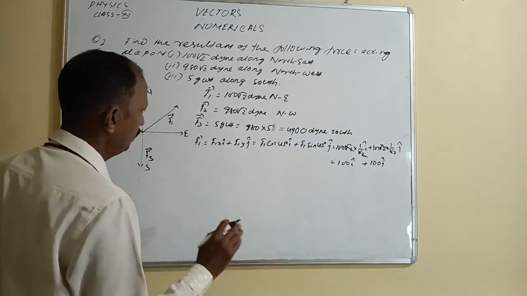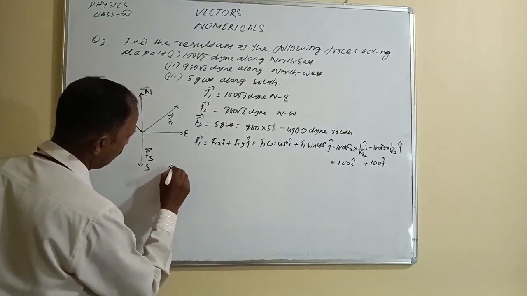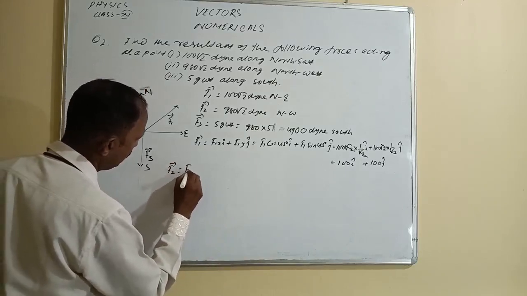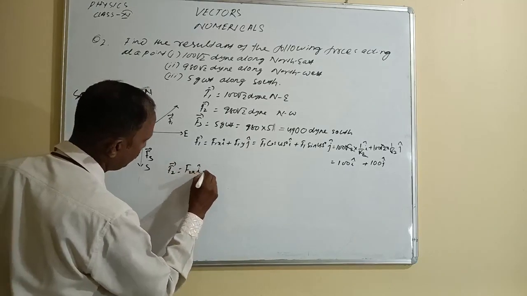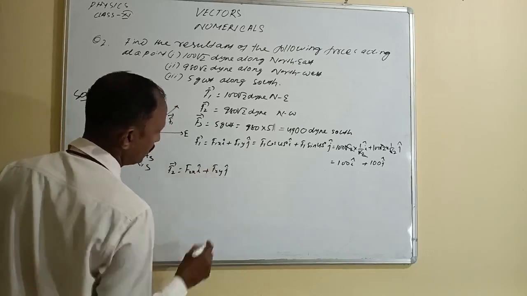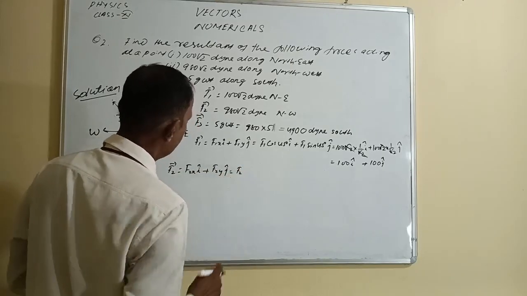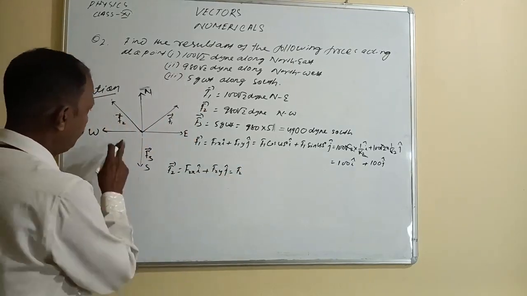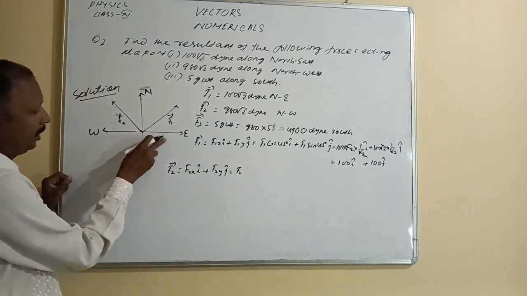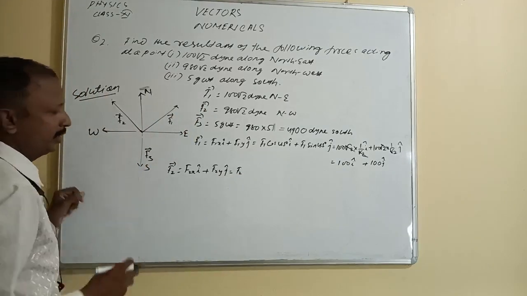Now similarly we'll move towards F2. So F2 is equal to F2x i cap plus F2y j cap. How much angle is it making with the x axis? 90 plus 45, 135.